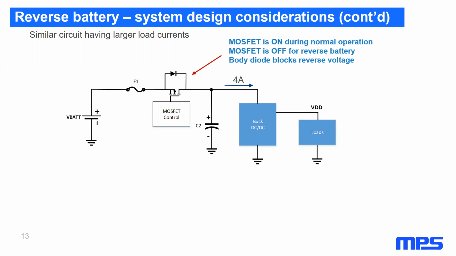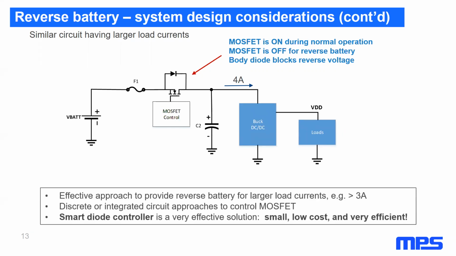The low on resistance of the FET greatly reduces the voltage drops and power losses across the switch. If a reverse battery condition occurs, the MOSFET will be kept in an off state, and its body diode will block reverse current while also protecting other components from reverse polarity.